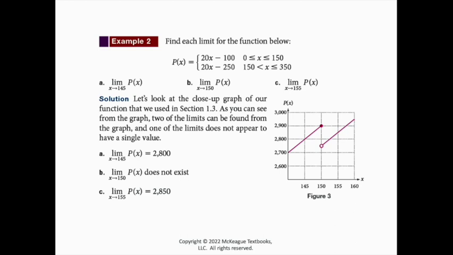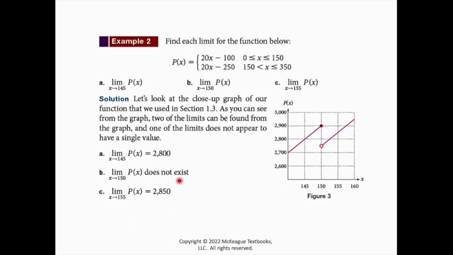So let me get my pointer out. If I'm approaching 150 from the left, I'm getting closer and closer and closer to 2,900. If I approach 150 coming from the right, I'm going to get closer and closer and closer to whatever that value is here on the y-axis.